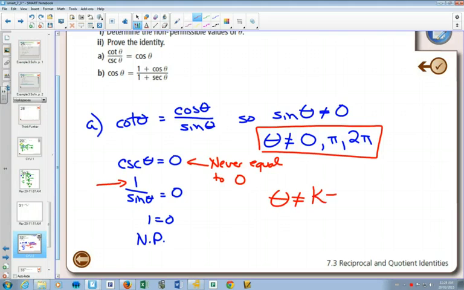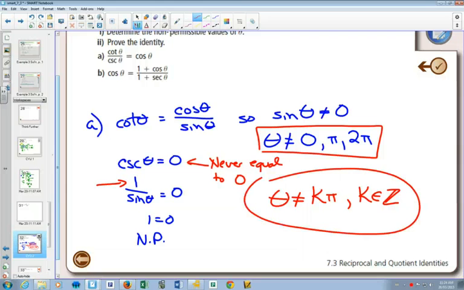So we can write that as k pi, where k is an integer. If you wrote all three of those plus 2k pi, where k was an integer, like we did before, that would be fine as well. But I think you can start to see the shortcut for 0, pi, 2 pi, 3 pi, and just write that as k pi. So there's our non-permissible values for part A.